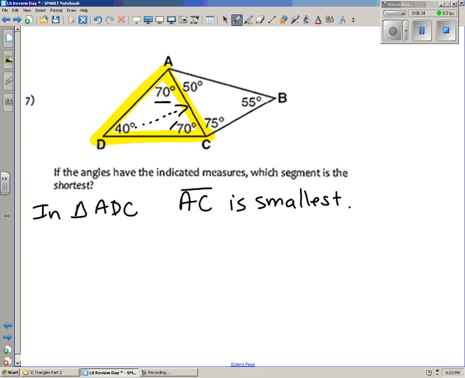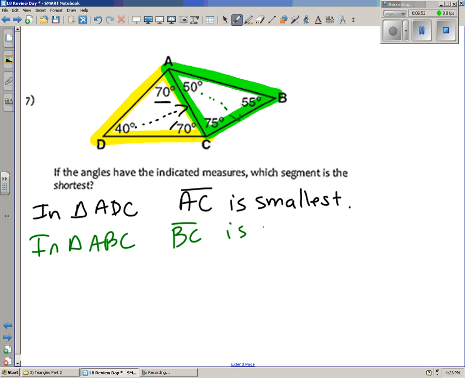Okay, but here's the issue. In triangle ABC, what we have is that across from the smallest angle, which is 50 degrees, BC is the smallest side.